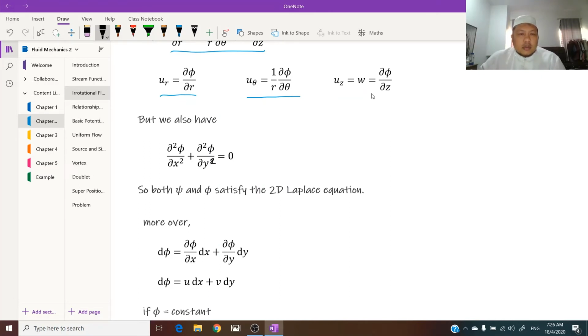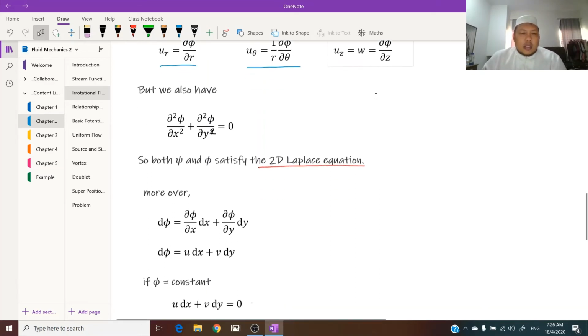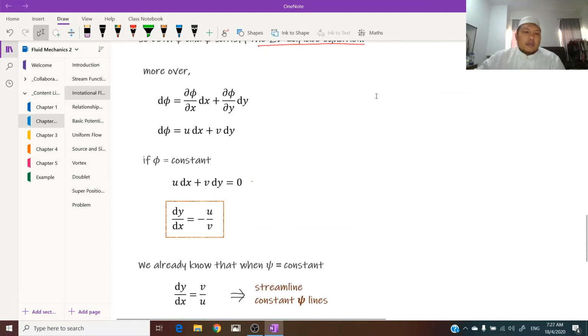So both phi, or stream function, and potential velocity satisfy the Laplace equation. So we must satisfy only the 2D Laplace equation for both potential flow and stream function, or potential velocity and stream function.